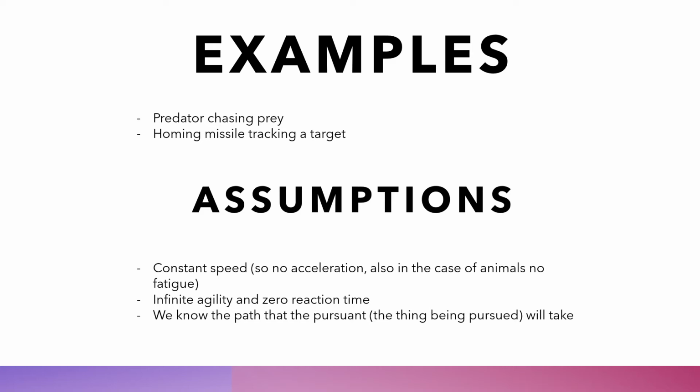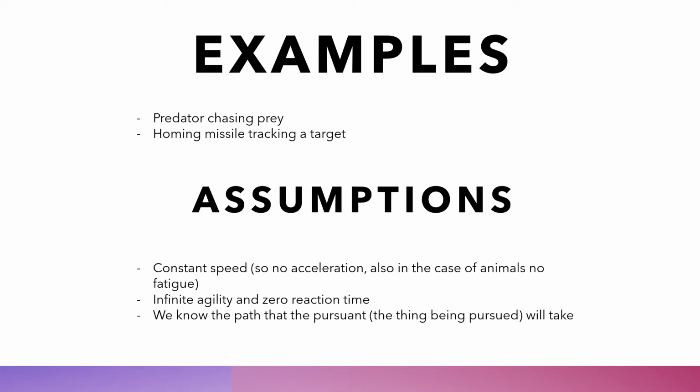There are obviously other ways to do that, but for now I'm at a low level. Also, we have infinite agility and zero reaction time. That means we see the thing we're chasing move, we can immediately react to it, and it doesn't matter how it's moved, we can always position ourselves to continue chasing it.